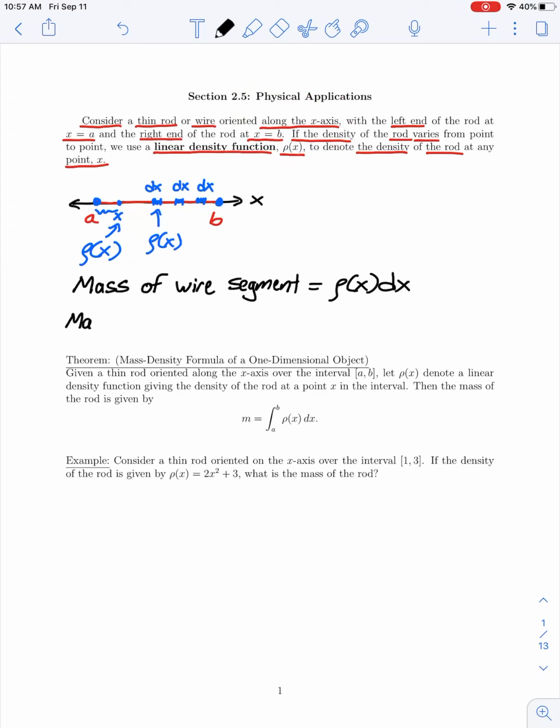So here we could say the total mass of the wire would be the sum of these little sections, rho of x dx from x equals a to b, and this process of adding up values of these small sections is given by the definite integral. Here, we would be integrating from x equals a to x equals b.